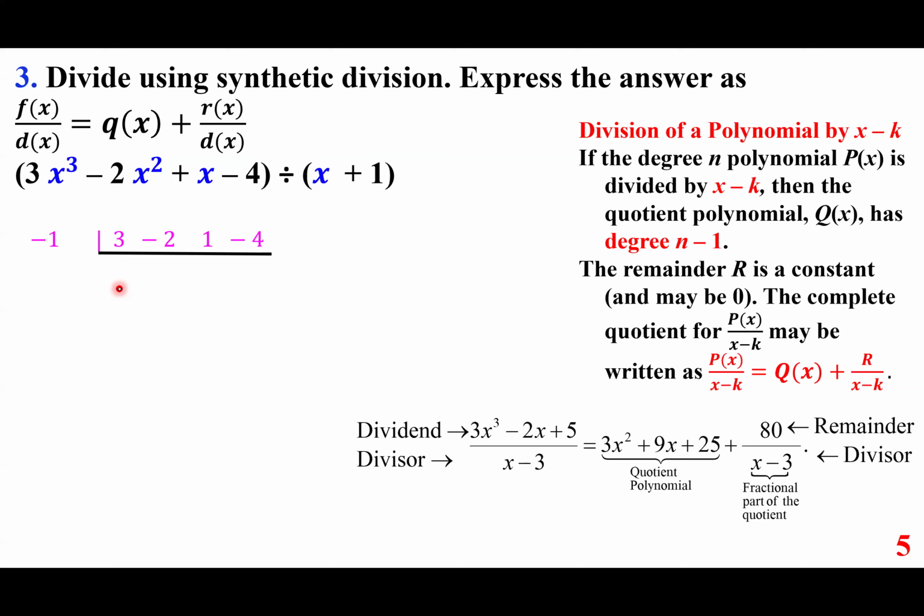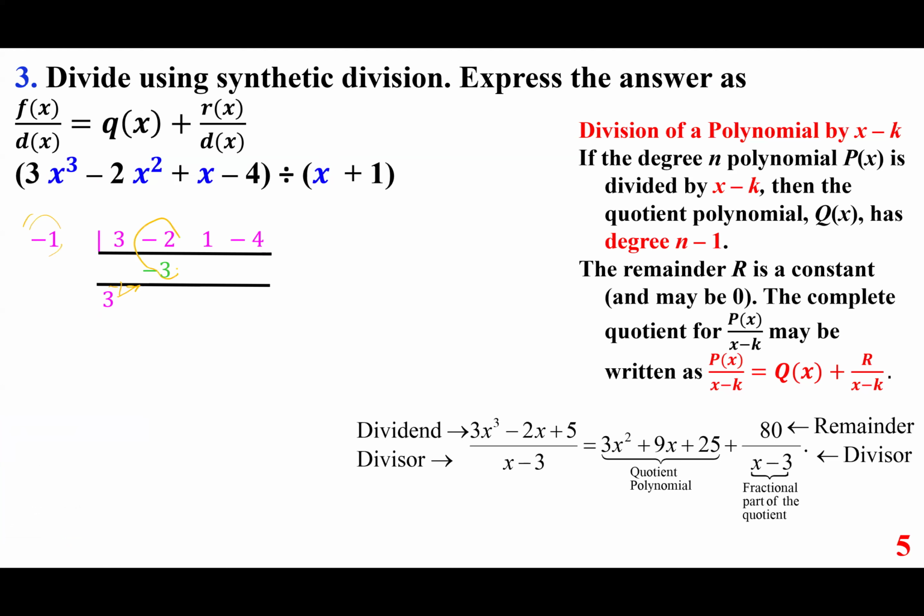You just drop the first number. The reason is 3x cubed divided by x is 3. Then whatever you get here, you always multiply by this number. We multiply it by negative 1, that gives us negative 3.